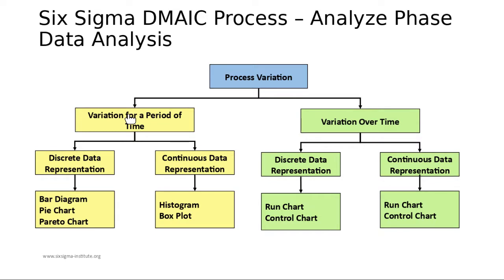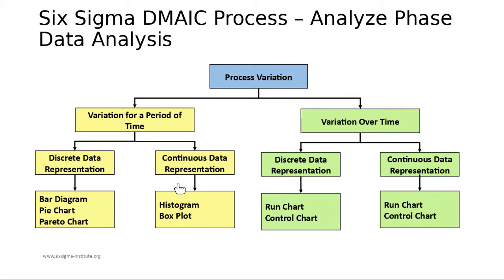On the other hand, when we talk about the variation for a period of time, that means a sample or a selected frame in the time of the operation where you would like to do your analysis. And here, when we have this type of analysis, we also have to identify whether it is discrete or continuous data.